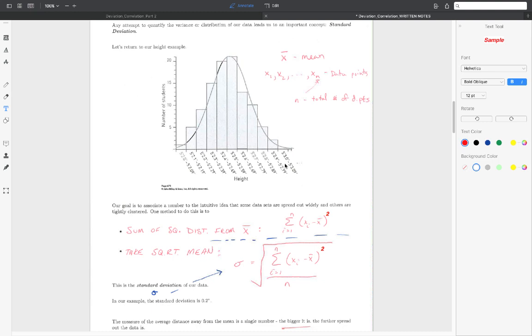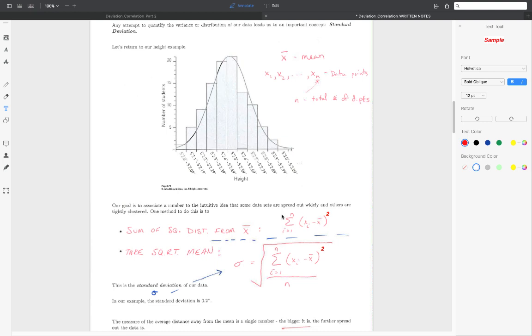If they're spread out from the mean, it won't be as tightly bunched. The problem with just doing that is if we've got a data point that's 1/10 higher and a data point that's 1/10 lower, if we just add positive 1/10 plus negative 1/10, we get 0. So those things sort of undo each other.